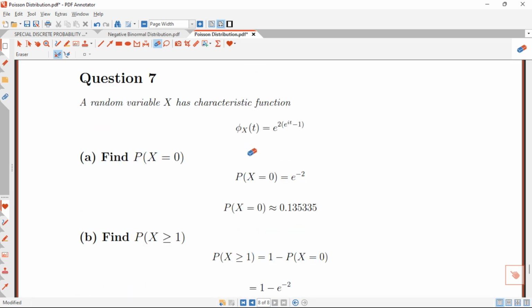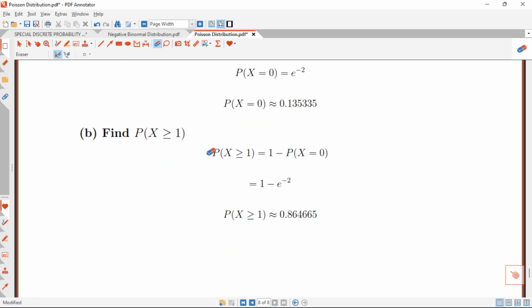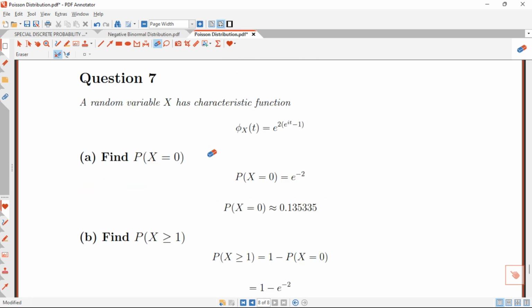Yes, so the last question I have here will be on the characteristic function of the random variable. It says a random variable x has a characteristic function which is equal to e raised to the power 2 bracket open e raised to the power i times t minus 1. And we have been asked to find the probability that our x is equal to 0.